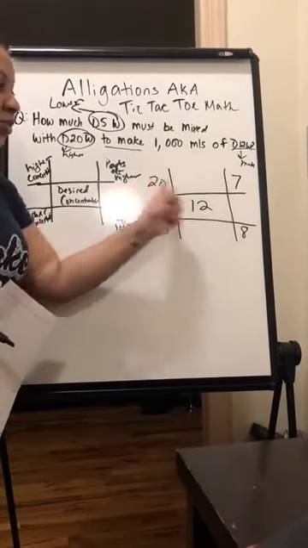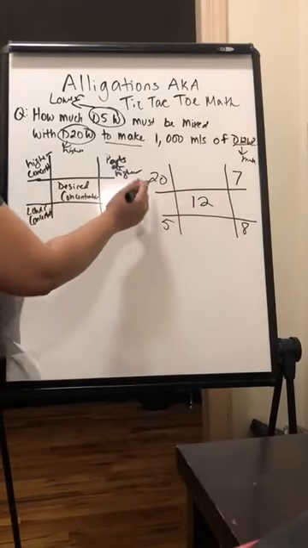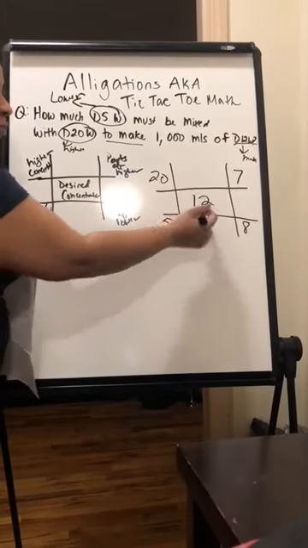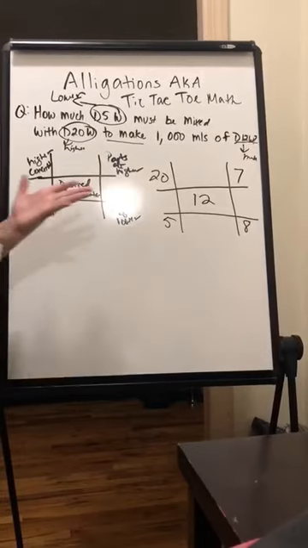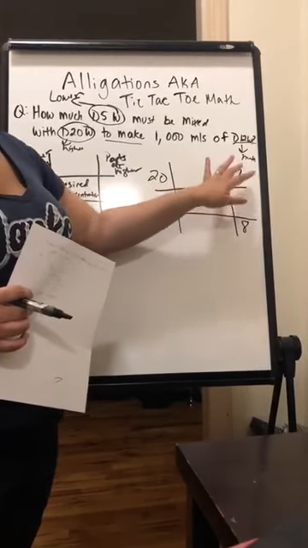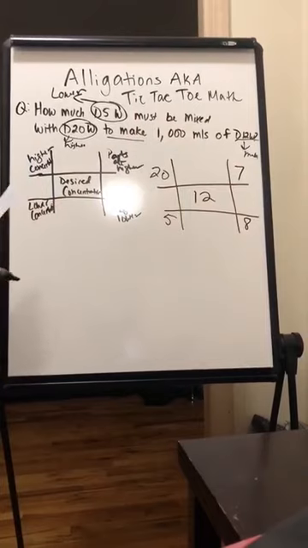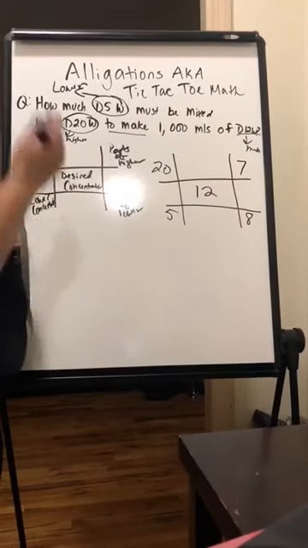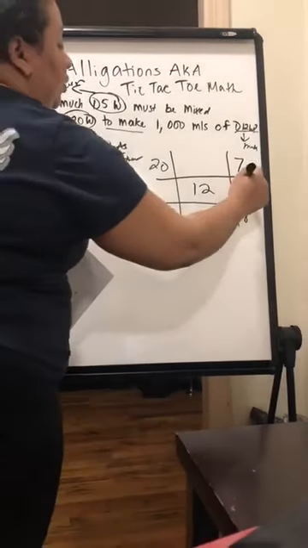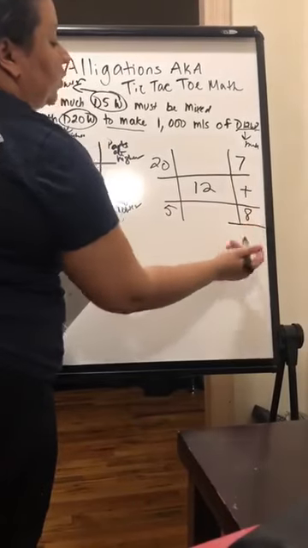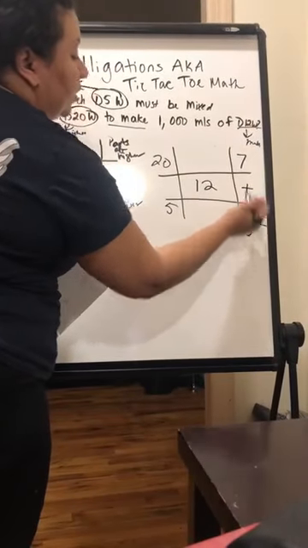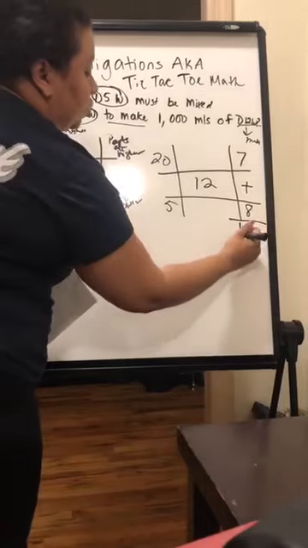Basically, these become parts. Now you want to find out how many total parts you have. 7 plus 8 is 15 total parts.